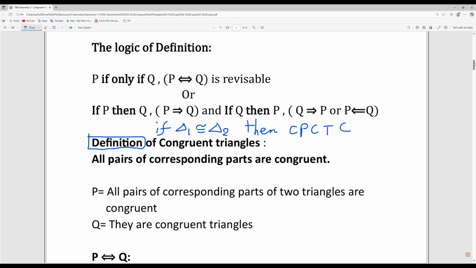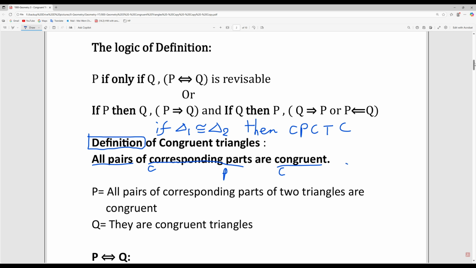Agree? All pairs of corresponding parts are congruent. So corresponding parts of congruent triangles are congruent.